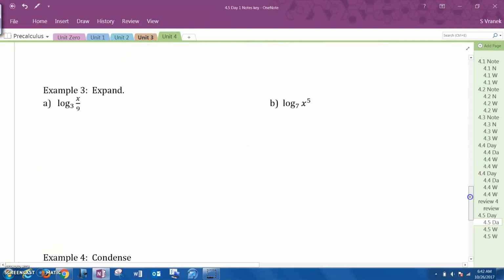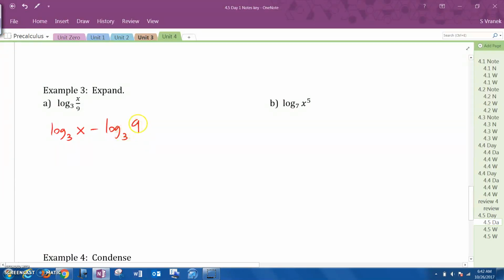Now we're going to expand. Okay, this is when we're making it all into individual logarithms. To expand this one, we have log base 3 of x minus log base 3 of 9. And then what I would like you to do when you see simple numbers like this, again, what exponent do you use to get from 3 to 9?